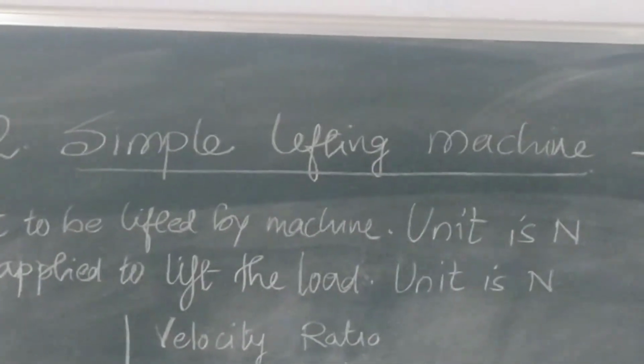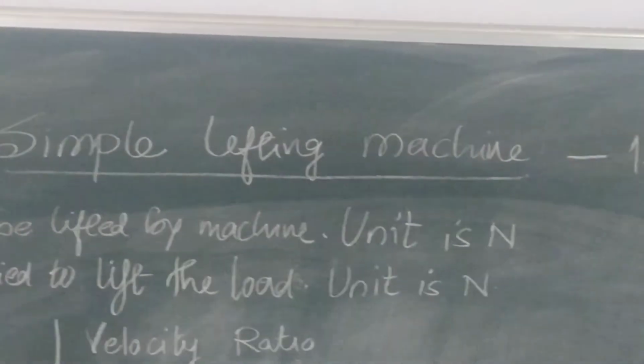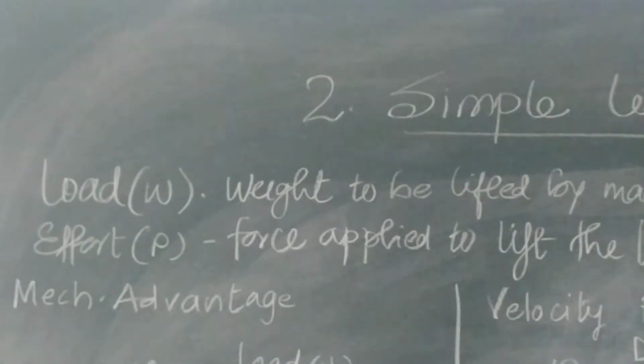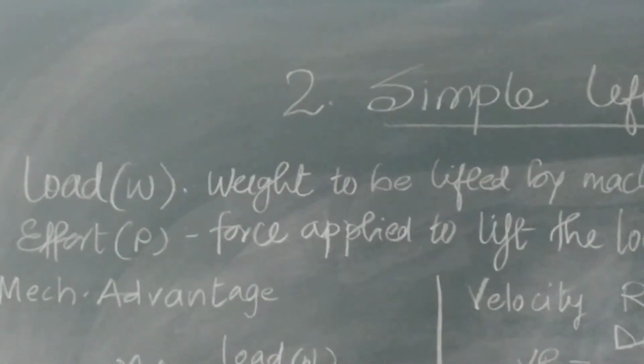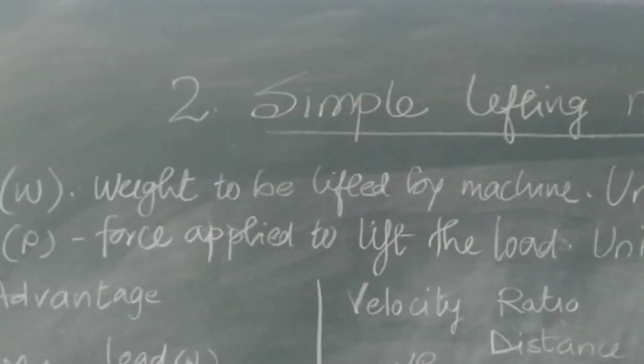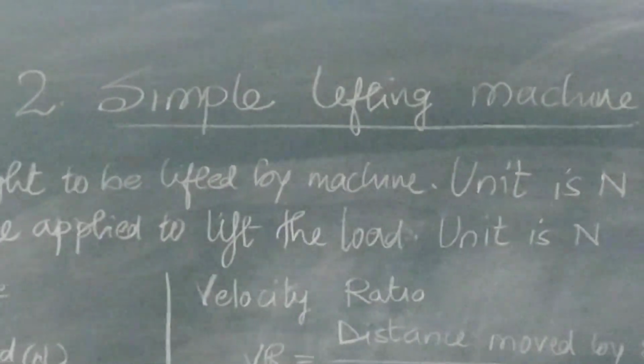It is represented by unit N in the SI system. Effort is denoted by capital letter P. It is the force applied to lift the load, and the unit is Newton once again.